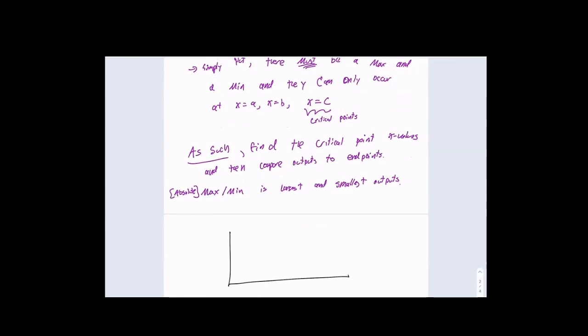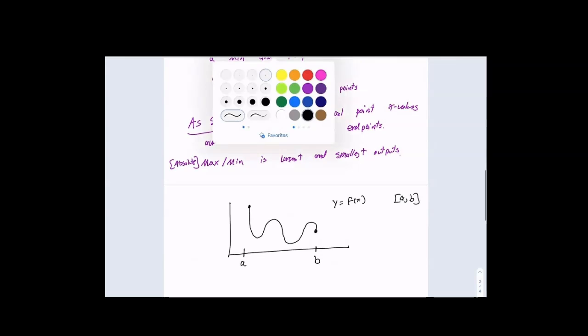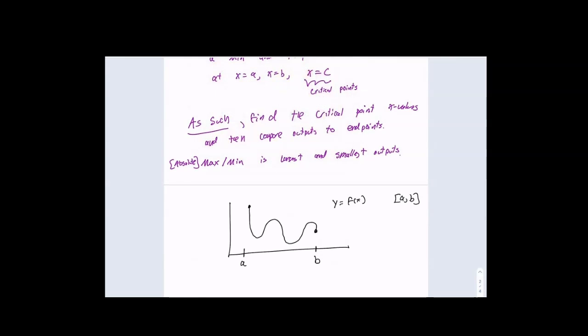Let me show you a graph. Here's a graph. So this is the graph of y equals f of x on the interval a to b. Now, if we notice, this graph in this case has 1, 2, 3, 4 critical points.